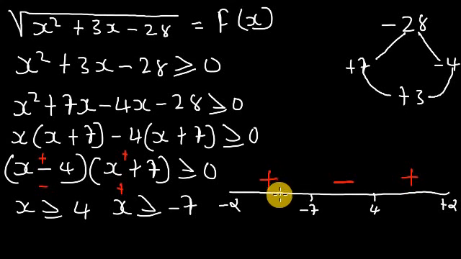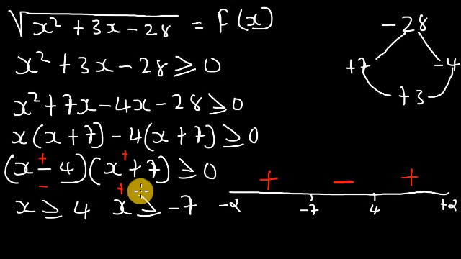But let's confirm it by plugging in a particular value. I want a value within negative infinity and -7, so I would like to use -8. -8 minus 4 is -12, and -8 plus 7 is -1.